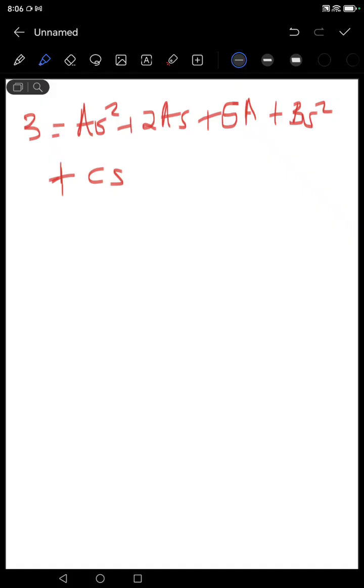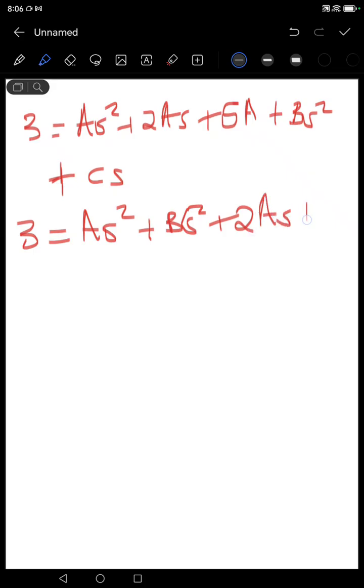Okay, so it's going to be 3 equals as squared plus bs squared plus 2as plus cs, plus 5a.